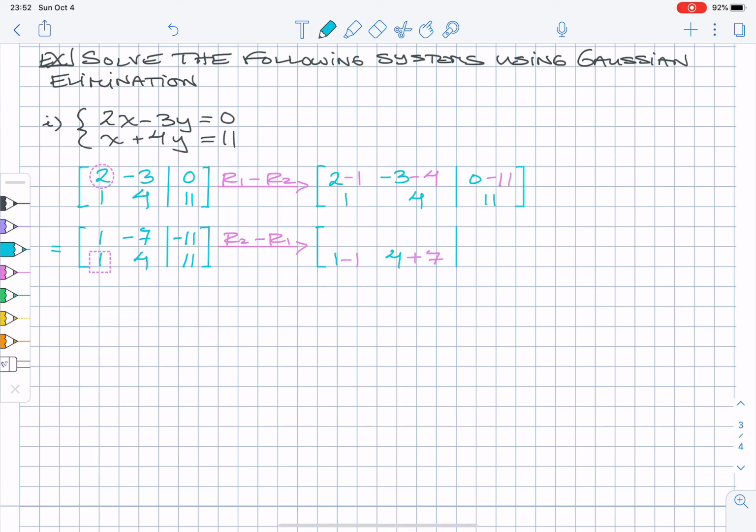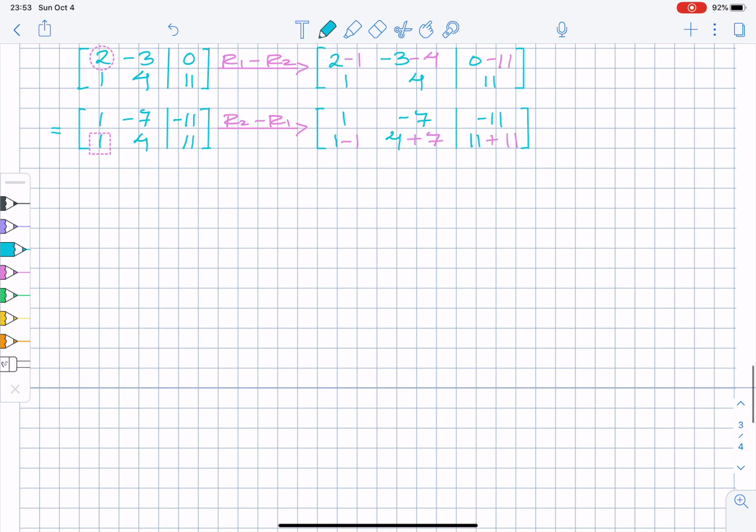Augment. Then we have 11 minus a negative 11. And row 1 is still 1, negative 7, negative 11. Okay. So we get 1 and a 0, so column 1 is taken care of. Then we get negative 7 and 11. Augment. We get negative 11 and 22.